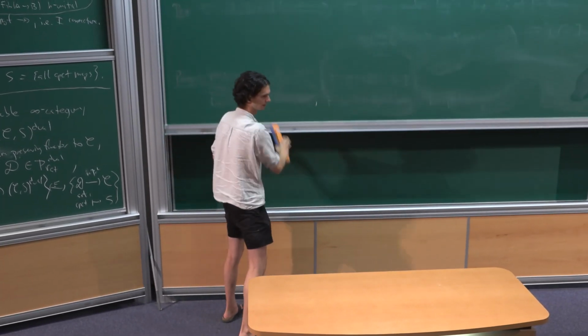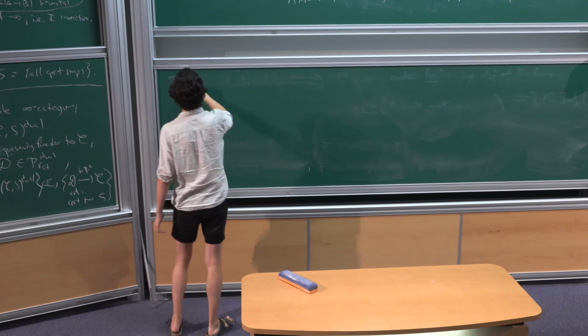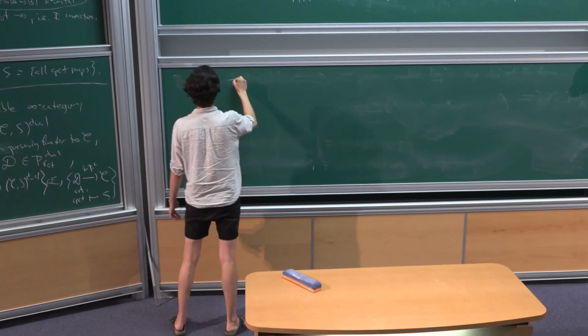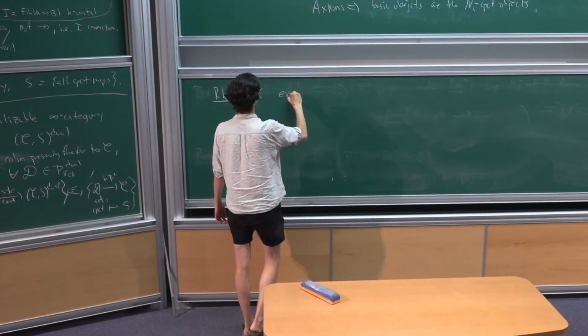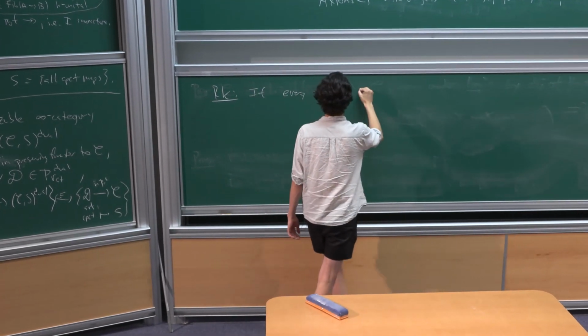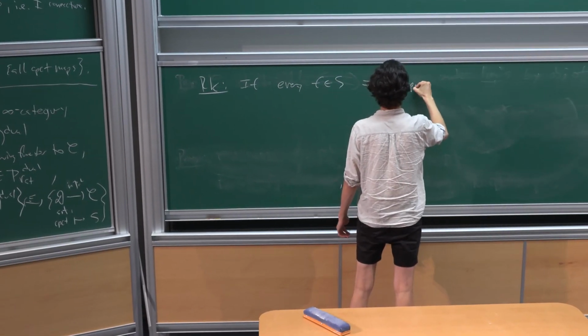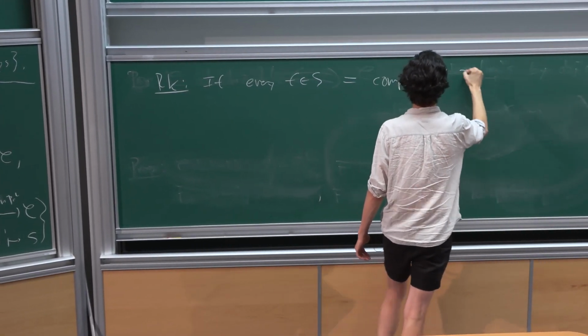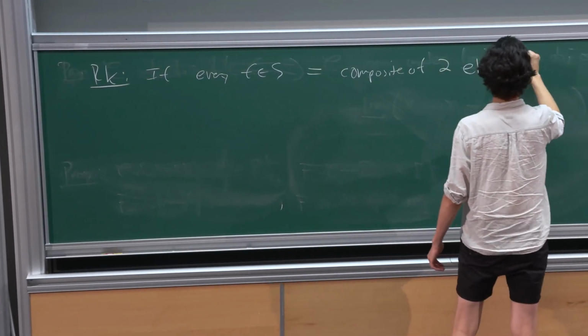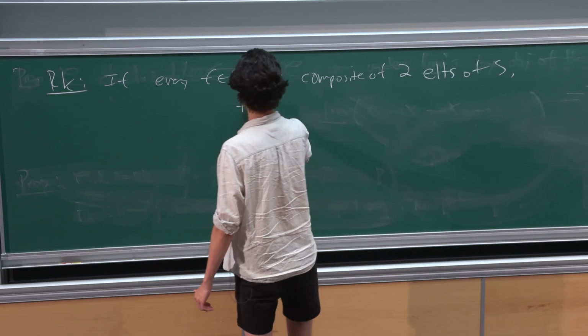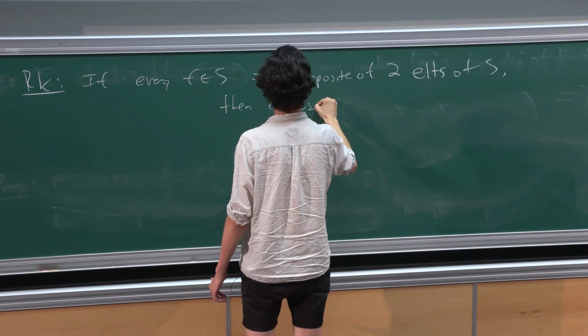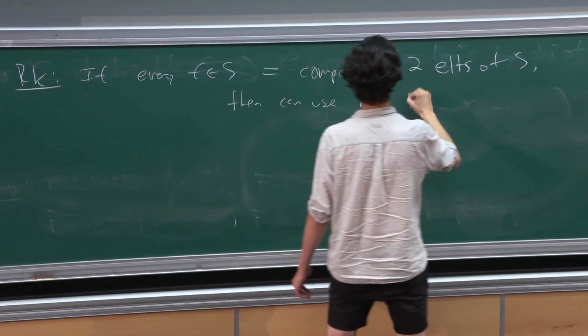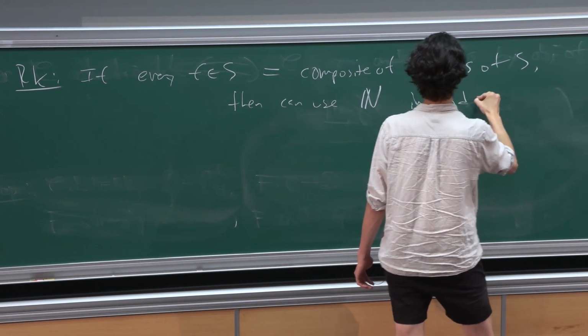And now I'll make a remark. If every f in S is a composite of two elements of S, then you can use natural numbers instead.